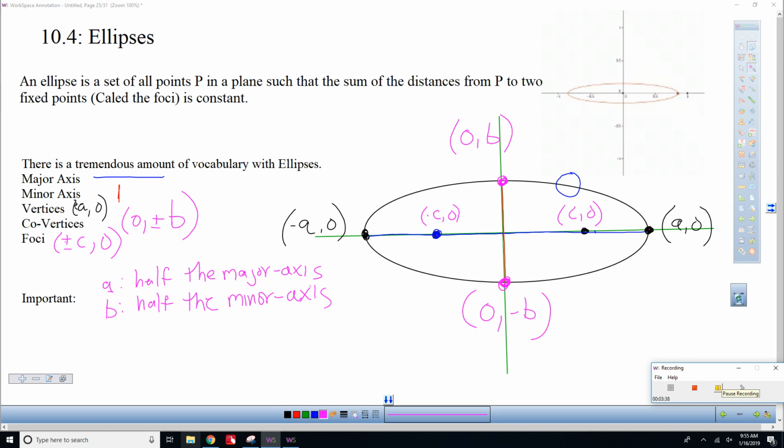Okay, so now the final thing, and if you are accelerated, I want you to try to figure out why this is the case, but there's no way I could make this video in 20 minutes and also explain this proof to you. But a really important thing: c squared is a squared minus b squared.